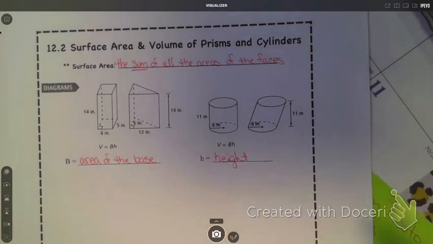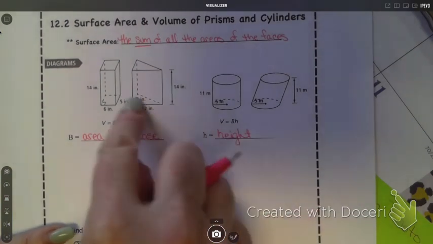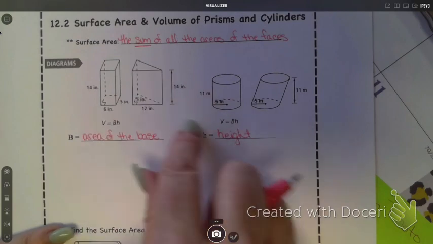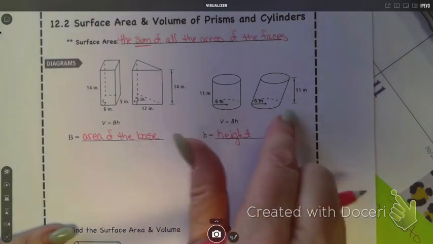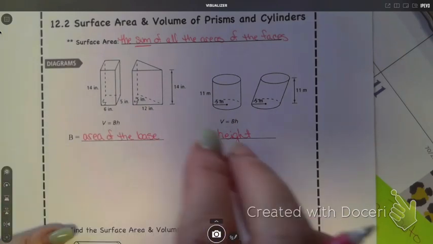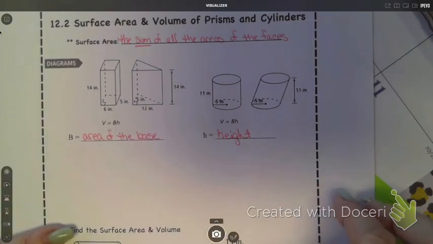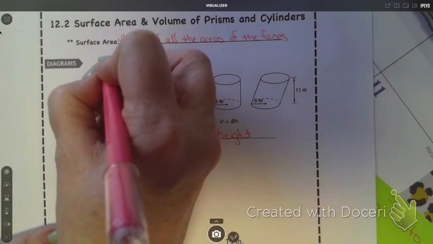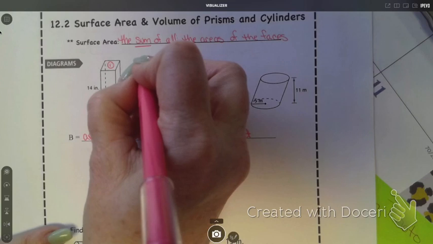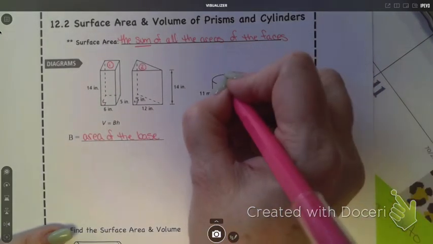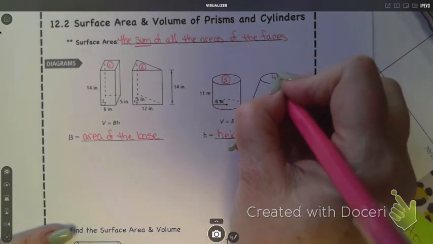Okay. So you might be crowded in here, but we're going to find surface areas and volumes of all these things. Your worksheet today, every problem is surface area and volume. Every single one. So this is shape 1, shape 2, 3, and 4.